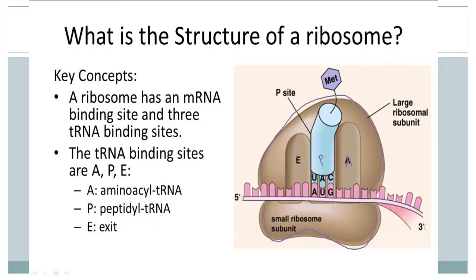You find the codon AUG on the mRNA matching with the anticodon UAC on the tRNA, and the tRNA here in the P site is also attached to the amino acid methionine. So protein synthesis is starting at this particular place.